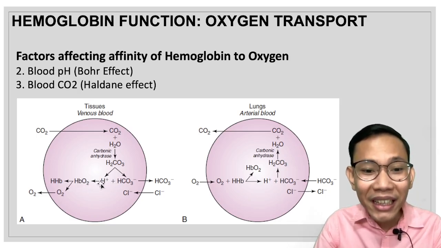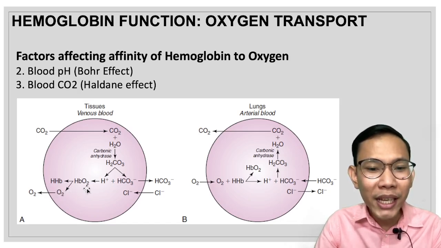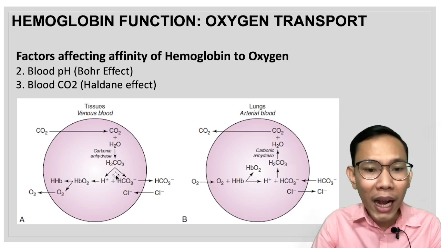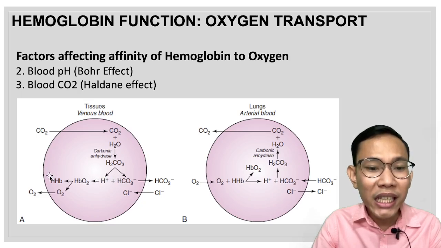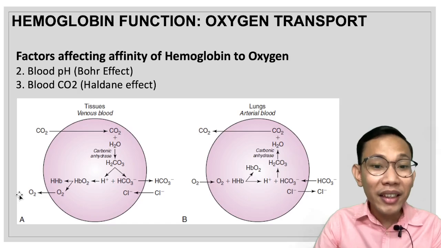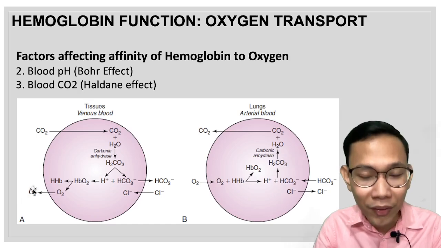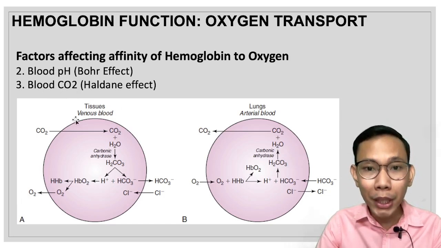Therefore, nare-release ang ating oxygen. Nare-release si oxygen. Anong nangyayari? Nare-release si oxygen, ang ating hemoglobin nag-a-attach sa ating hydrogen ion, nagiging deoxygenated hemoglobin, pero yung oxygen is na-release. That is because of your Bohr effect. This is now the Bohr effect, referring to the blood pH.